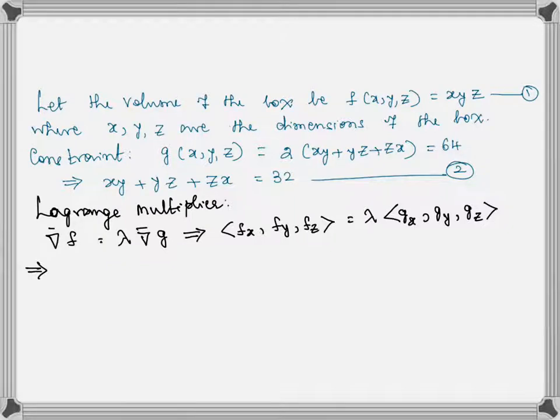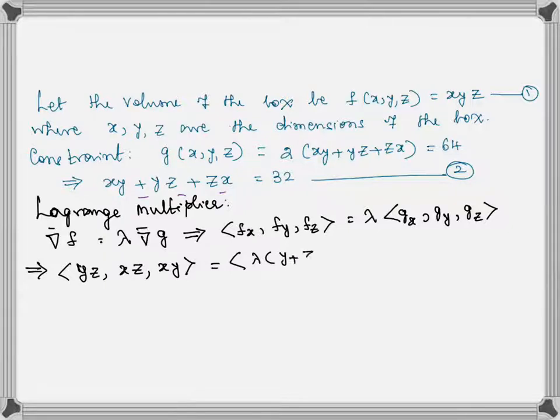So using our f(x,y,z) = xyz and partially differentiating with respect to x, y and z, we get yz, xz, xy equal to lambda times. So you are going to differentiate the constraint partially with respect to x, y and z for each component.